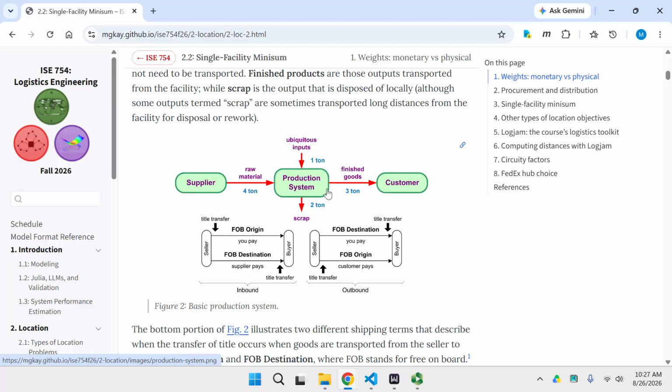So without qualification, scrap means that we don't have to worry about transporting it. We can just dump it in a pit somewhere outside a facility, for example, but it can be disposed of locally. More typically, a municipal city or something would have the means to dispose of hazardous waste locally without having to transport.